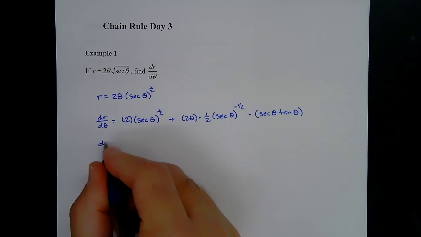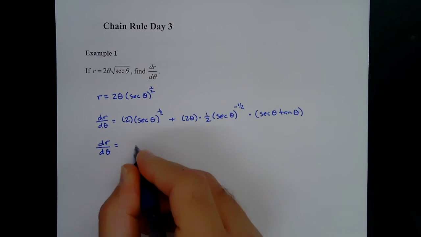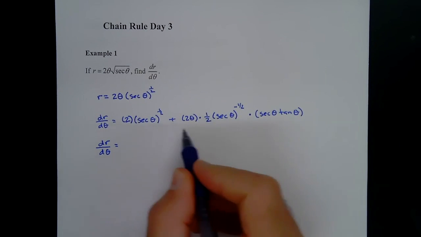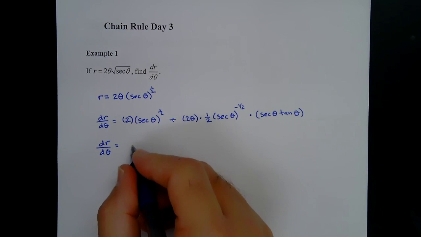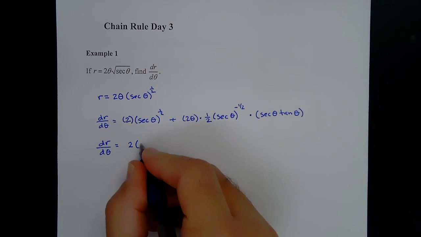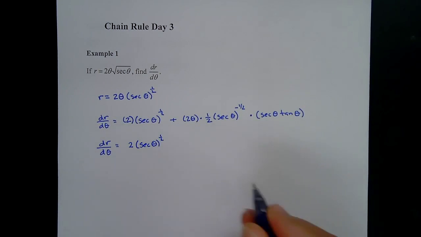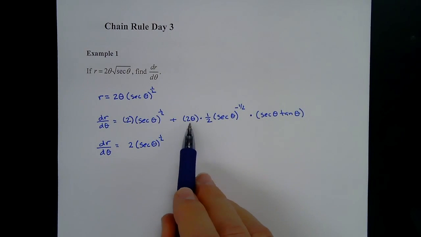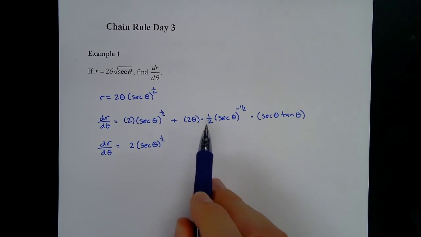All right, so now we're just going to be doing some cleaning up. So dr over d theta is equal to this. Nothing we can clean up on this one, but there is some stuff we can do here. Okay. So this is 2 times secant theta raised to the 1/2. Now, we have 2 theta, but we're also multiplying by 1/2. So this is just going to become theta.